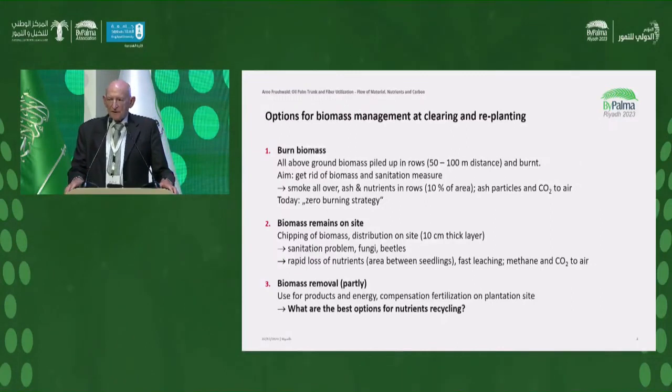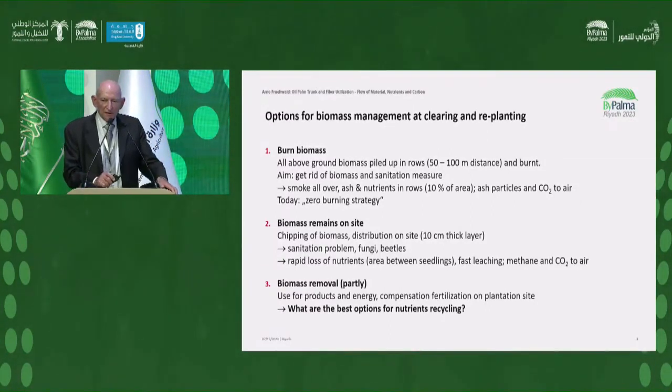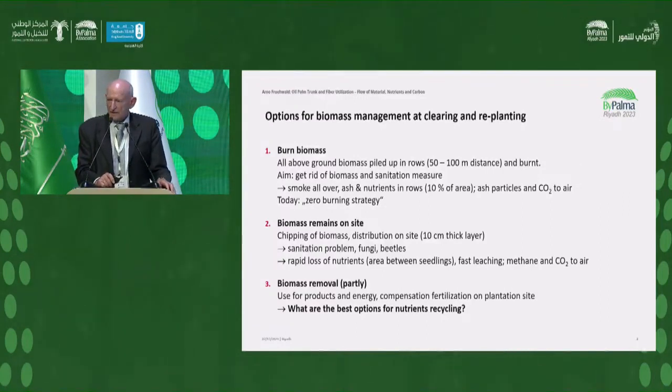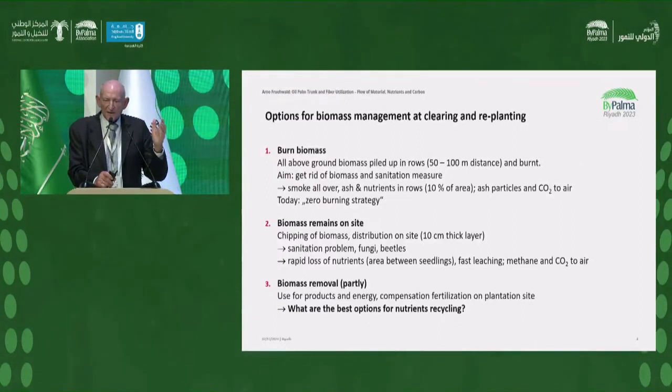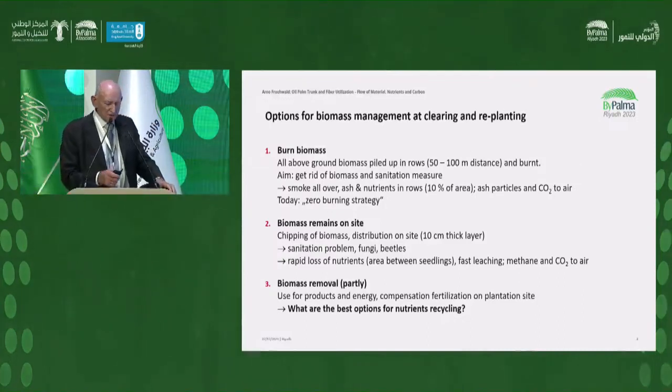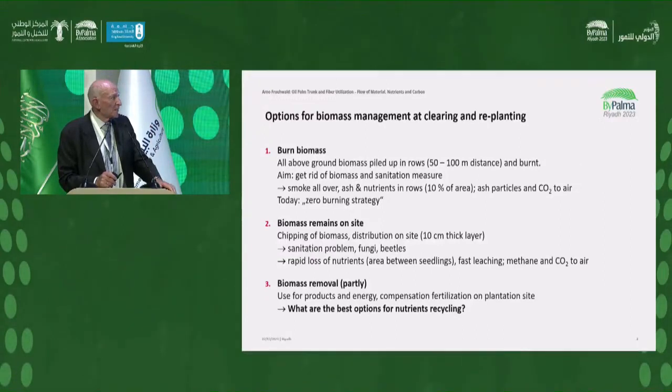And fungi and beetles love this method because we have a lot of different fungi, Ganoderma, for example, and they grow and grow and grow, and the biomass is gone more or less after 6 months, after 12 months, because we are in the tropical rainforest, so it's always wet and humid, and the fungi love this environment.